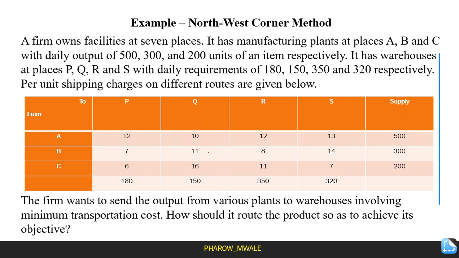If you discover that your A1 is greater than your B1, then you must assign the lesser quantity. In our case, B1 is the lesser quantity in this cell. We assign it in this cell here, the northwest cell.